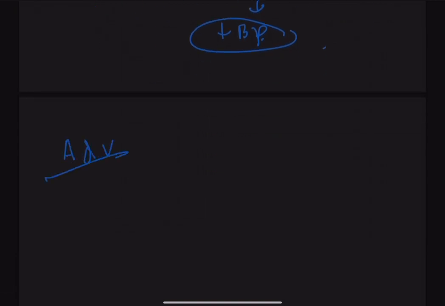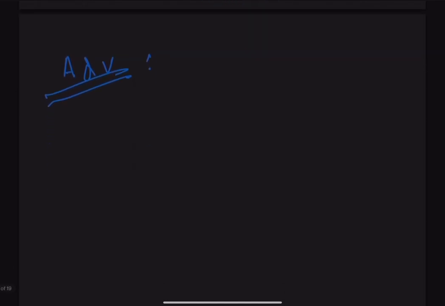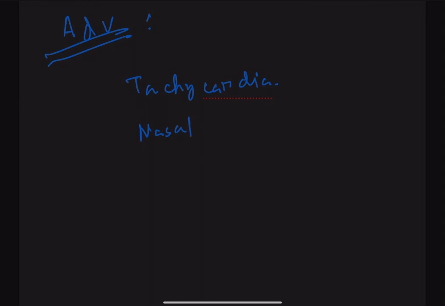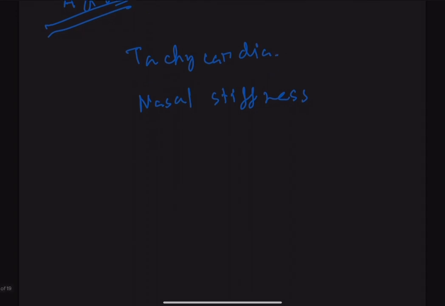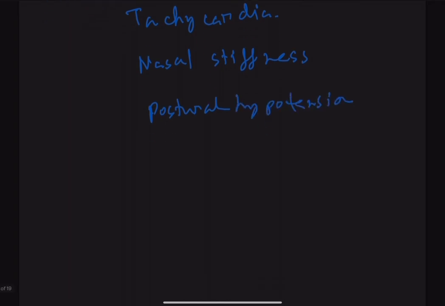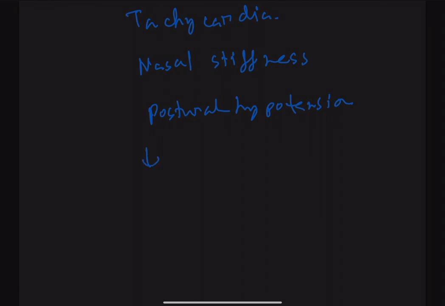What can be the adverse effects of using phenoxybenzamine? Okay, so it can cause tachycardia, nasal stiffness, postural hypotension, and decrease of ejaculation or problem in ejaculation.